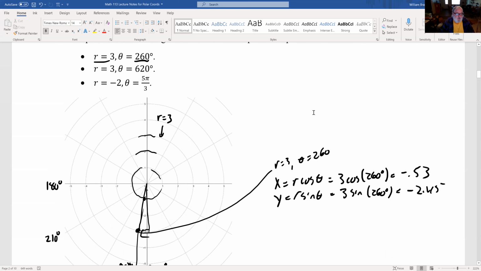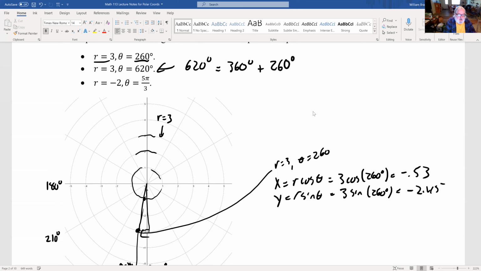Okay, what about these other points? R equals 3, theta equals 620. Well, 620 is once around the circle, because that's 360 plus some more. So 360 degrees plus something else. And what is that something else? That something else is, unsurprisingly, 260 degrees.